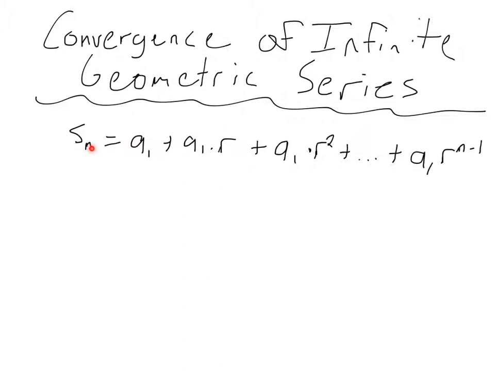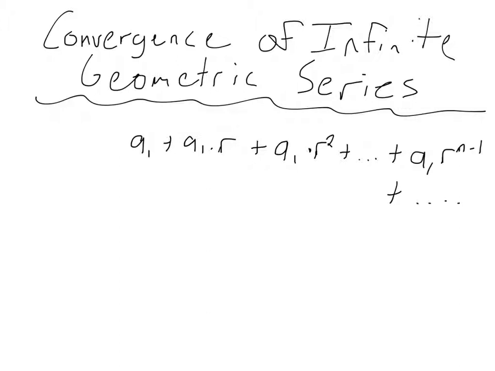Now, on the other hand, if we just keep on going, instead of s sub n, because we're not going to stop at n anymore, I just go ahead and do plus dot dot dot.